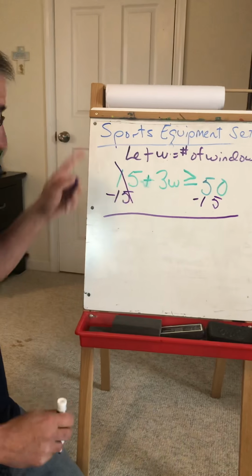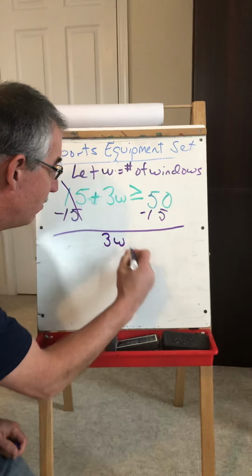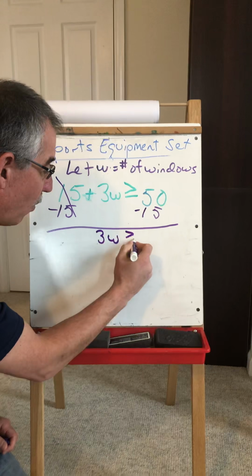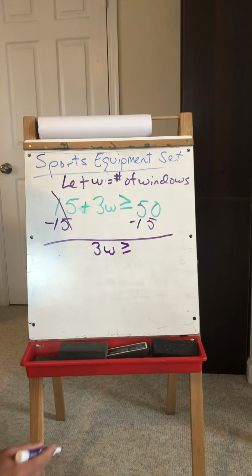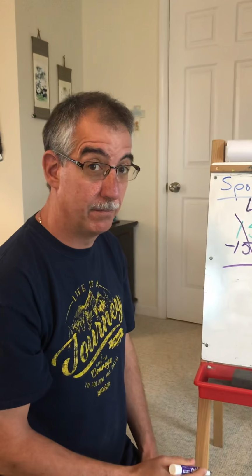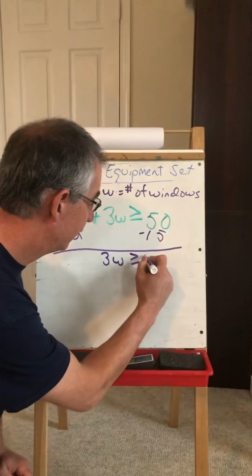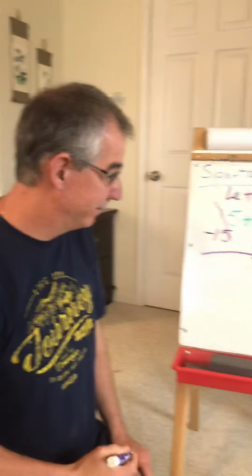You should remember that. 15 minus 15 is 0. I bring down my 3W. I bring down the inequality. And I do a little math over here in my head. 50 minus 15, how much is that? 35. Good. I thought I heard the right answer from somebody.